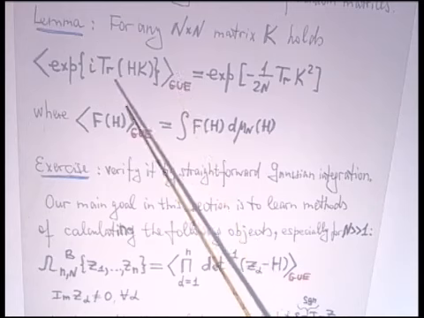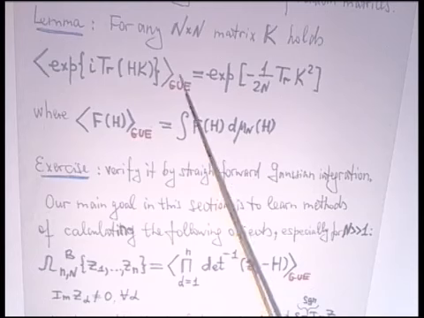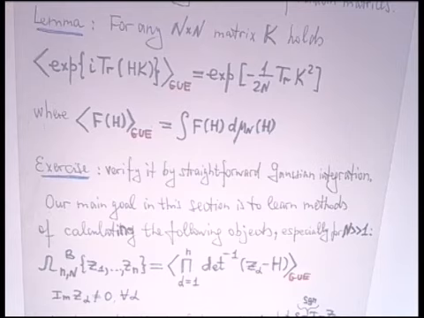This is the first exercise. Just sit down and perform this integral. You will see that it decomposes again into component-wise integrals over all diagonal and off-diagonal entries, and then the calculation will amount to performing straightforward Gaussian integrals.